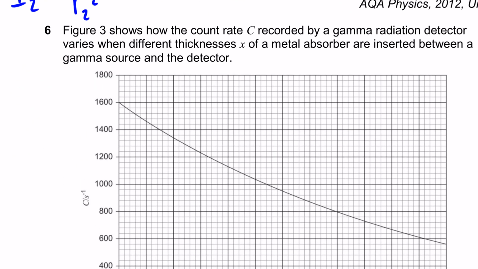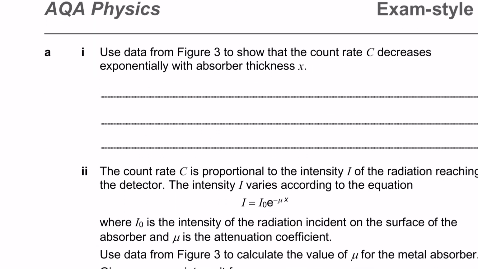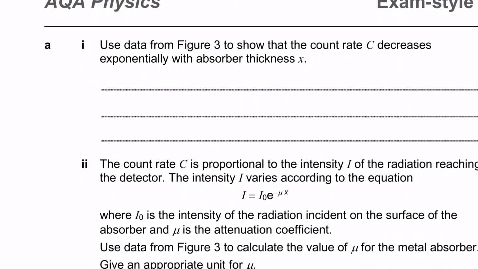So the figure shows how the count rate C recorded varies with thickness. Okay, so we're talking about the attenuation for a given thickness now. Use data from figure 3 to explain, also show that the count rate C decreases exponentially with absorber thickness.